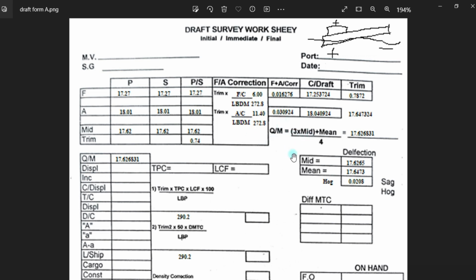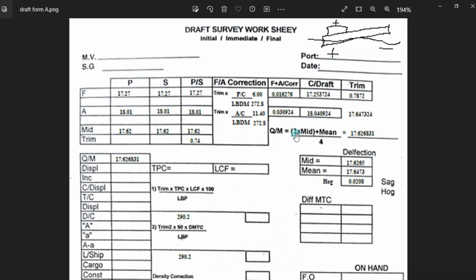Now to get the quarter mean, this is the formula: 3 times your mid, which is this one, plus your mean, which is this one, divided by 4.